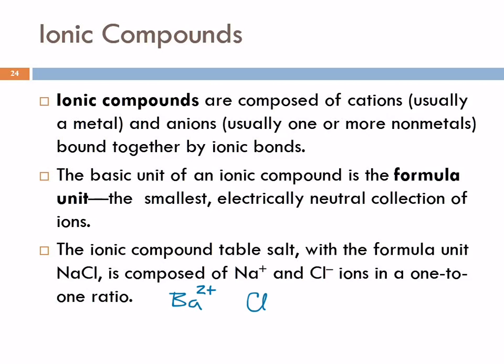If we had barium and chloride, and we just had 1 of each, it wouldn't be electrically neutral, would it? There must be 2 chloride ions for every 1 barium ion. And so when we write the formula for this, we're going to write BaCl2. It's the lowest combination that will have no charge overall.